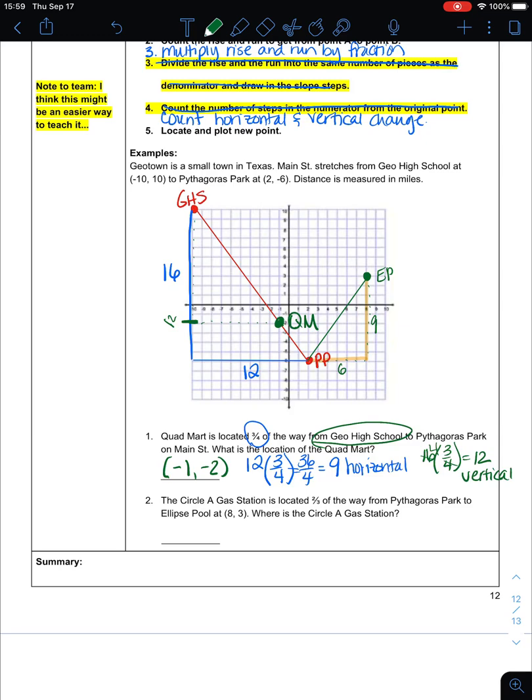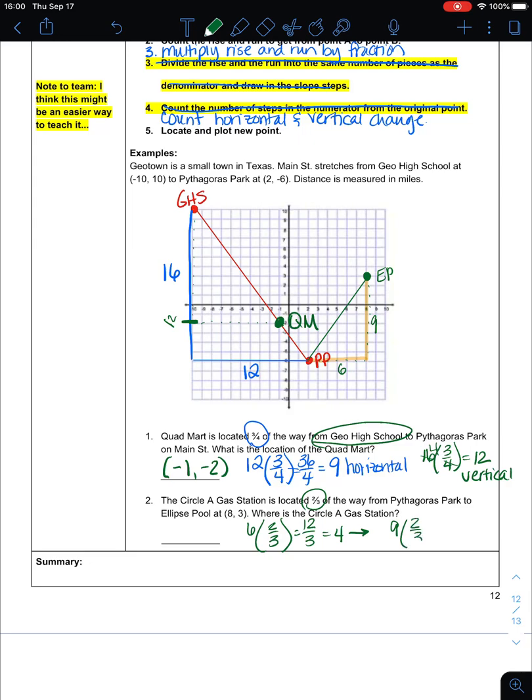So now we take each distance. Our horizontal distance is 6 times 2/3. 6 times 2 is 12. 12 divided by 3 is 4. So I'm going to change 4 horizontally. And then I need to check my vertical change.